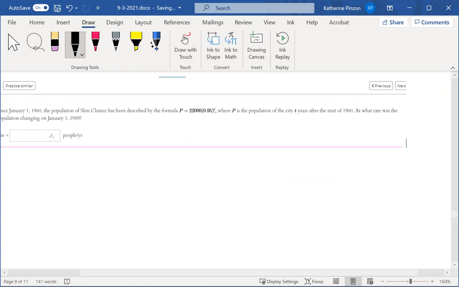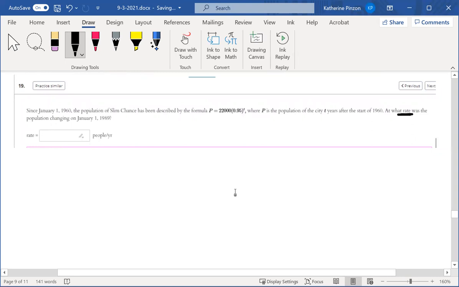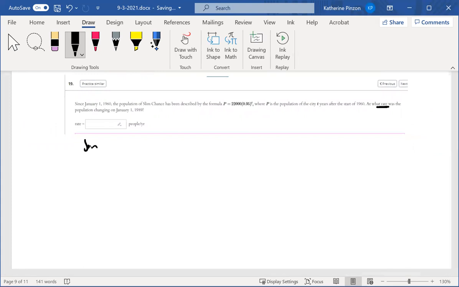At what rate, when you see the word rate, what should you be thinking? Derivative, great. At what rate was the population changing on January 1st, 1989? If it's January 1st, 1989, how long has it been since we started? 29 years.